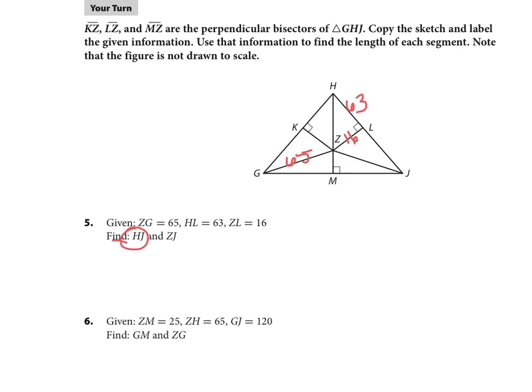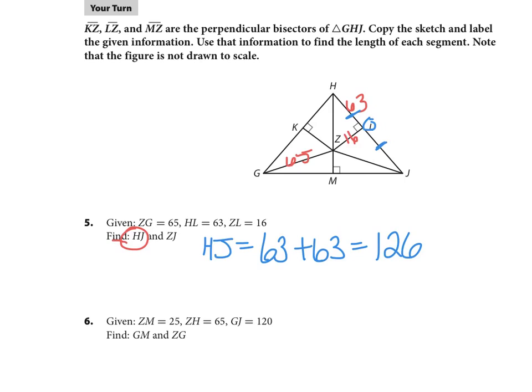HJ, now I know that perpendicular bisector here, okay, that starts at L, divides HJ in 2, okay? So HJ is going to equal 63 plus 63, which is 126, okay?